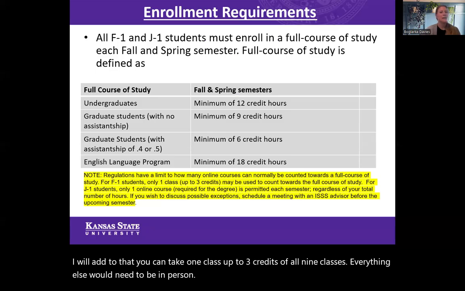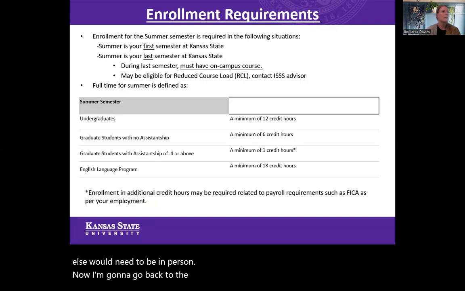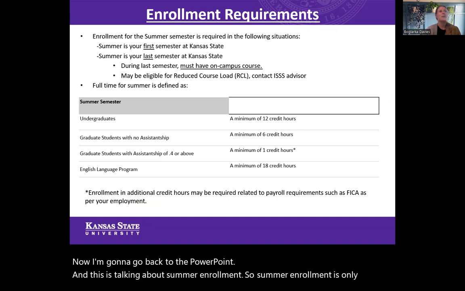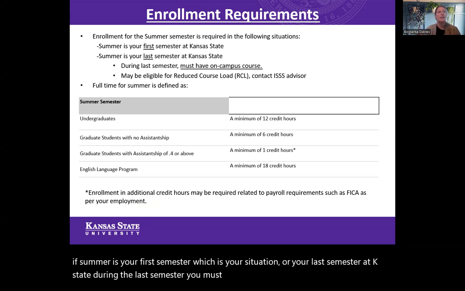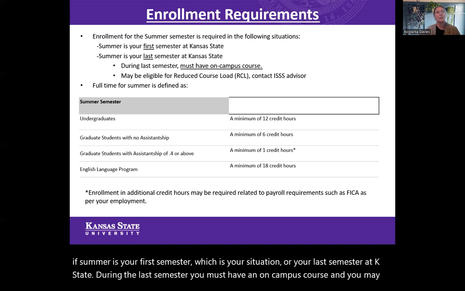Now I'm going to go back to the PowerPoint. And this is talking about summer enrollment. Summer enrollment is only required if summer is your first semester, which is your situation, or your last semester at K-State. During the last semester, you must have an on-campus course, and you may be eligible for a reduced course load.